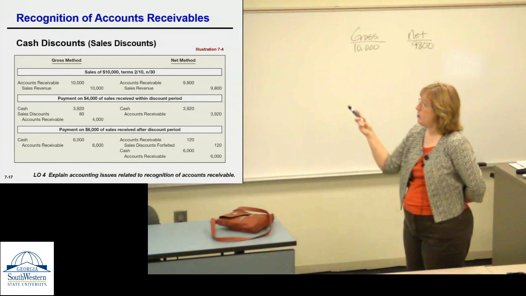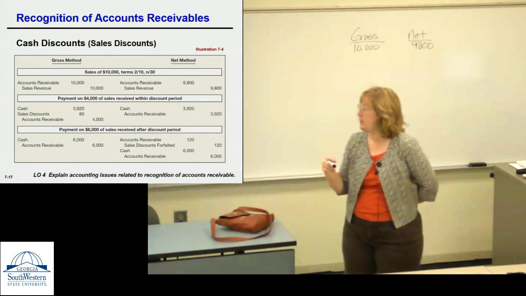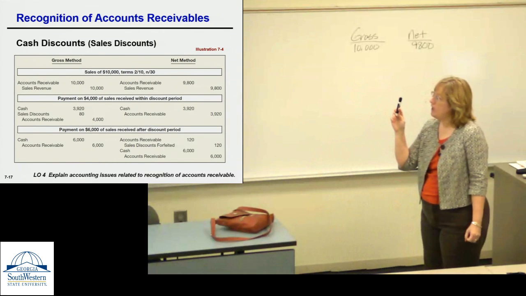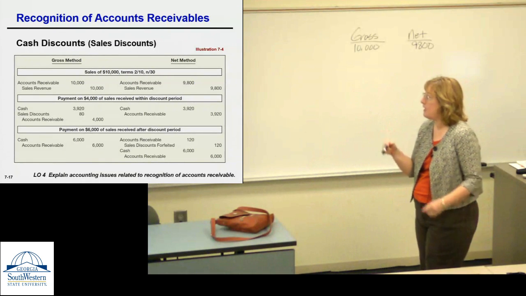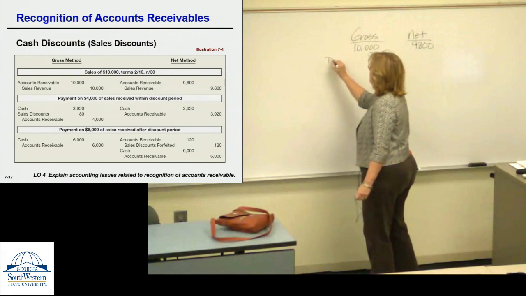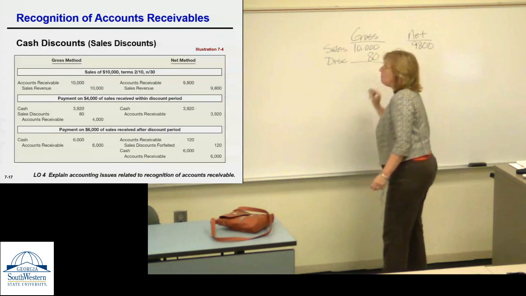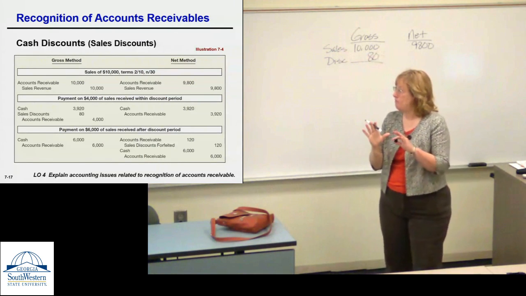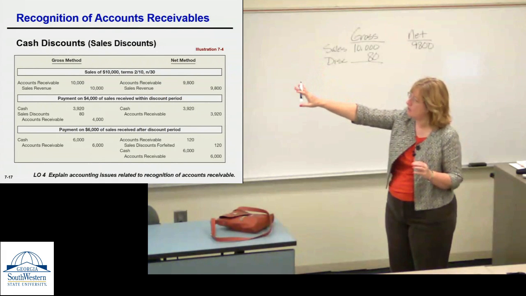Now, when they actually pay, that's when we know if they have paid within the discount period. If they pay in the gross method and they take the discount, then we're going to subtract the discount. This is the discount amount. We subtract the discount, sales discount. See how sales revenue is a credit, sales discount's a debit.